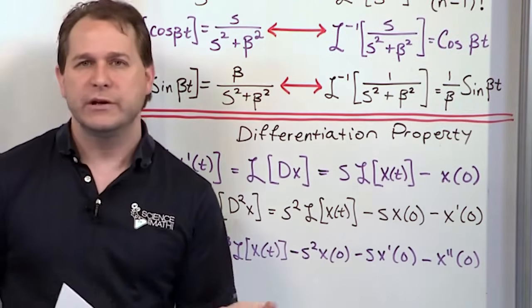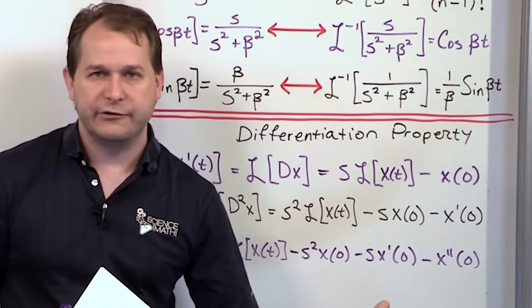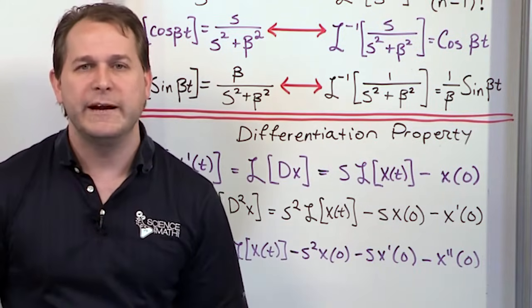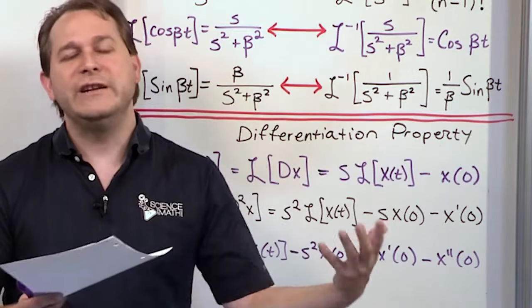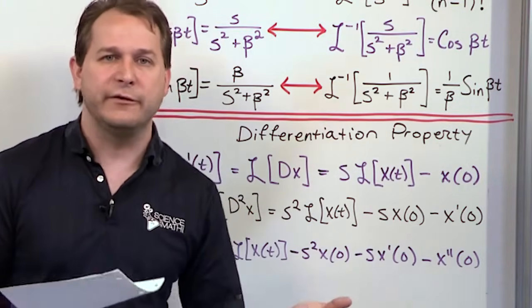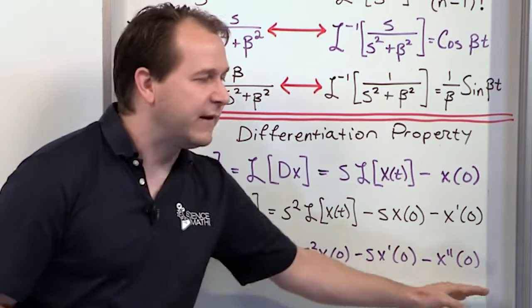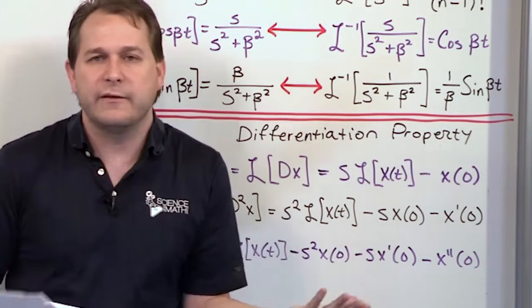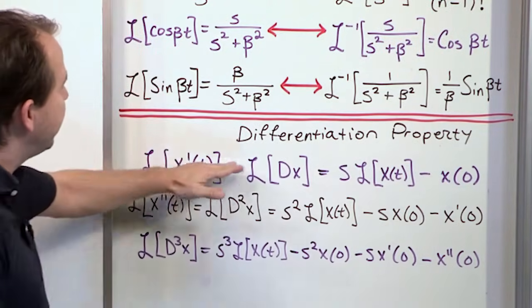That's why it's really useful, because whenever we operate on a derivative, we end up with these initial conditions, which are going to be required to solve the problem. As we solve our first one in a minute, you'll see how that becomes useful. Because in order to solve a differential equation, you need to incorporate the initial conditions into your solution. The Laplace transform is incorporating all these initial conditions. And no matter what derivative you take, the proper number of initial conditions is automatically included because that's how it works.